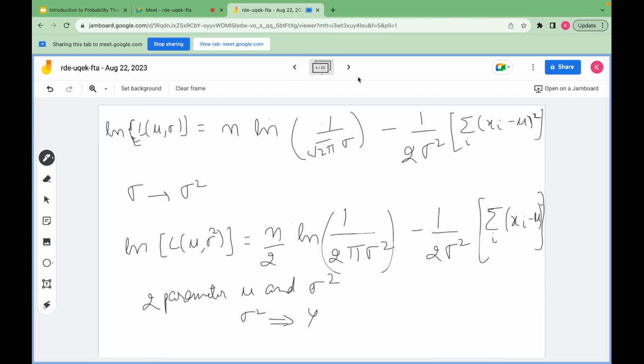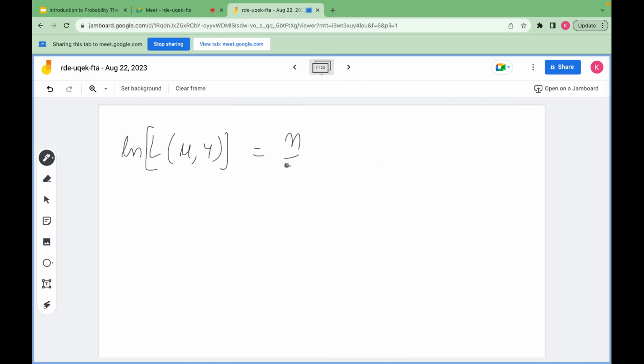This becomes n by 2 ln 1 upon 2 pi y minus 1 upon 2y summation over i of (xi minus mu) whole square.